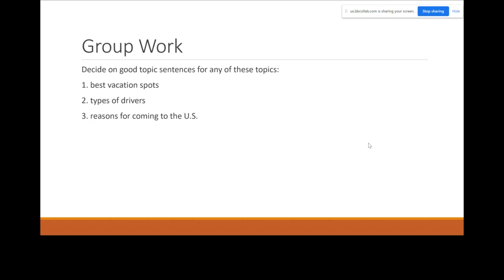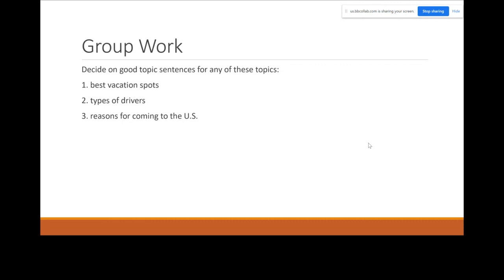I think it has, how the teacher said, a controlling idea in the topic sentence, right? There are different types of drivers in the city.